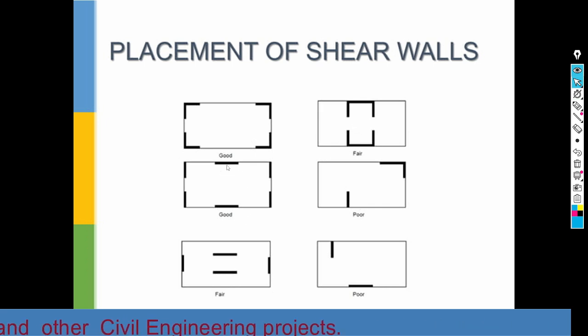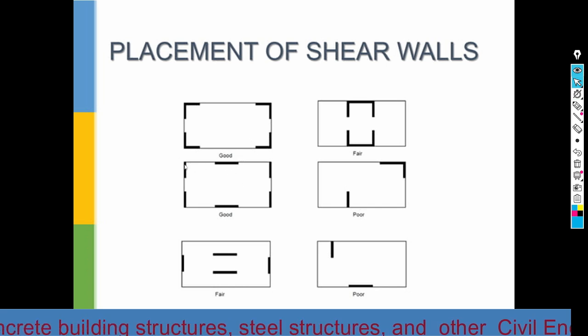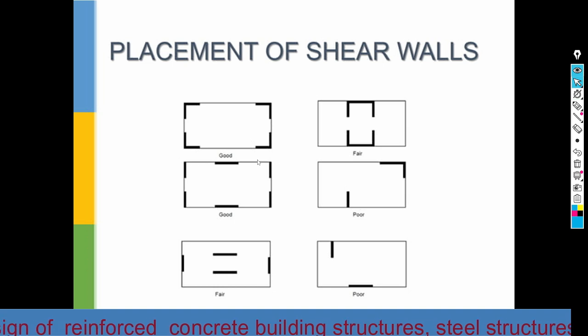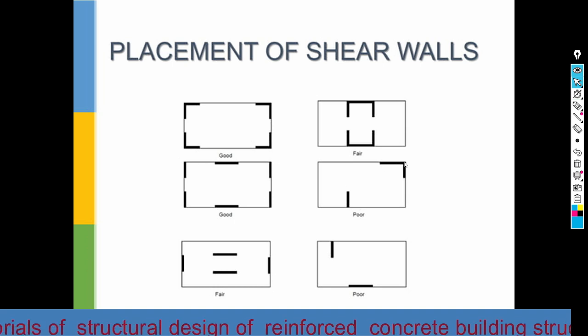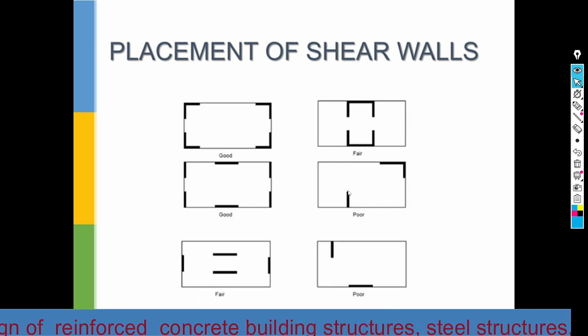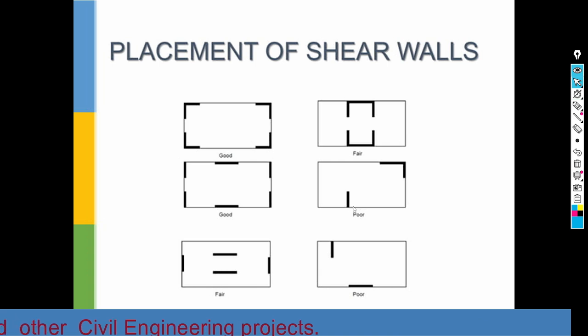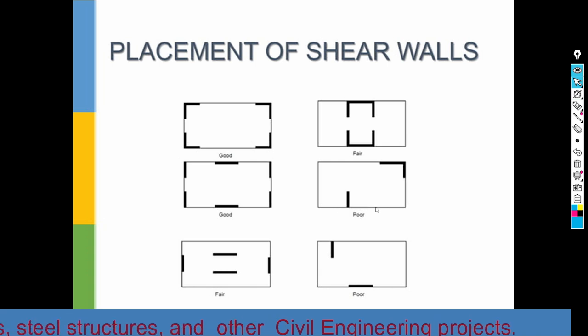And when we come to here, we have the shear wall at the periphery of the building, and here we have a shear wall at the periphery of the building, but this one is at the interior portion, so we need to reverse this orientation just like this.